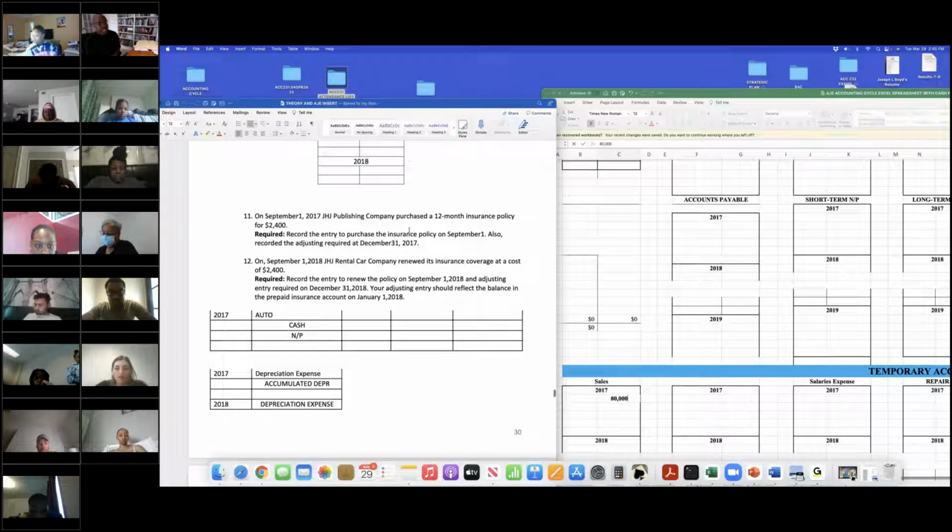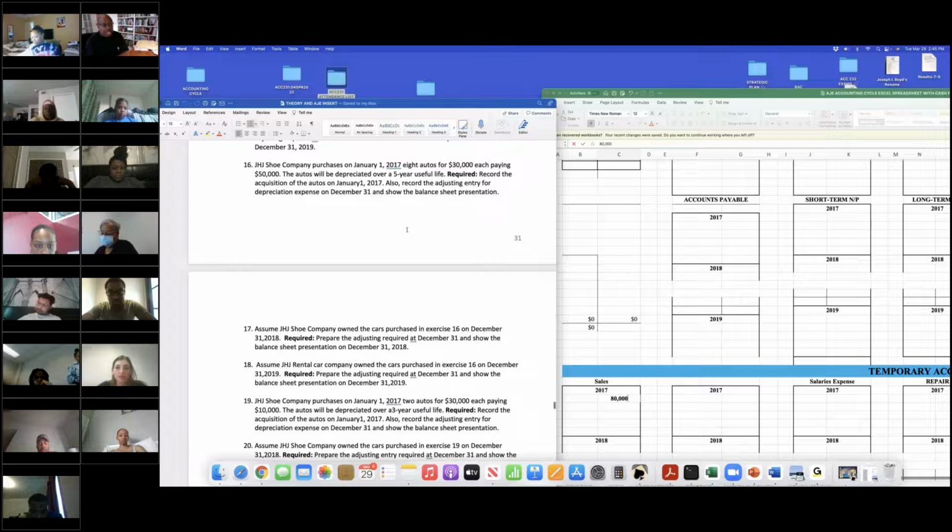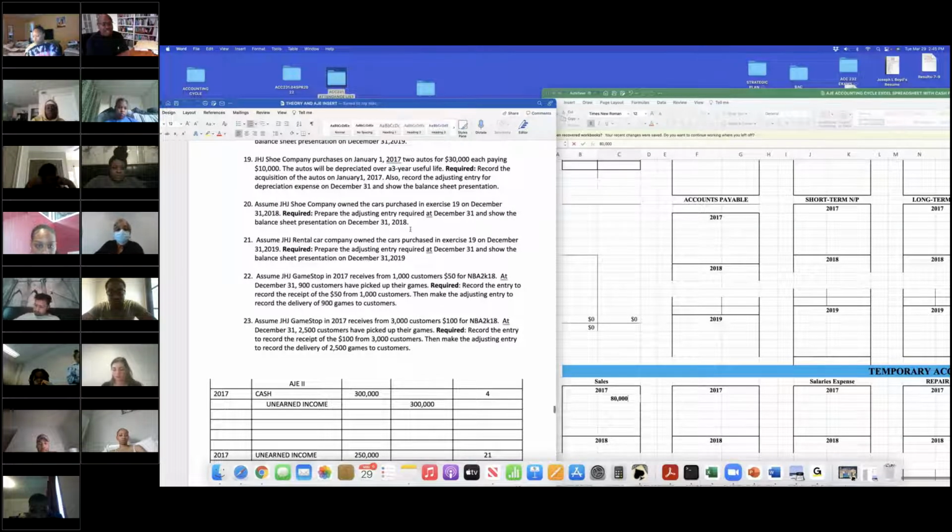Let's read 22. It says, assume GameStop in 2017 received $1,000 from 50 customers. At December 31st, 900 customers had picked up the games. Two journal entries we've got to make.